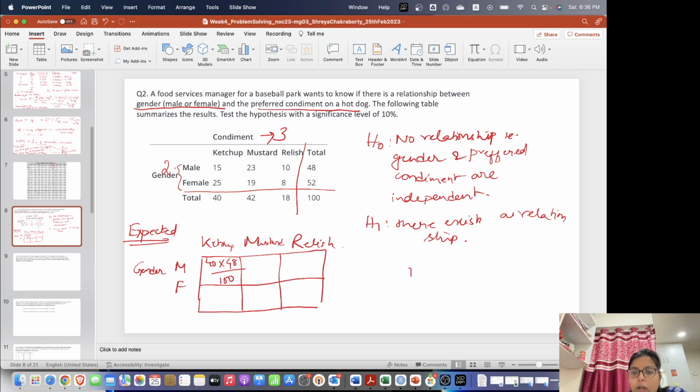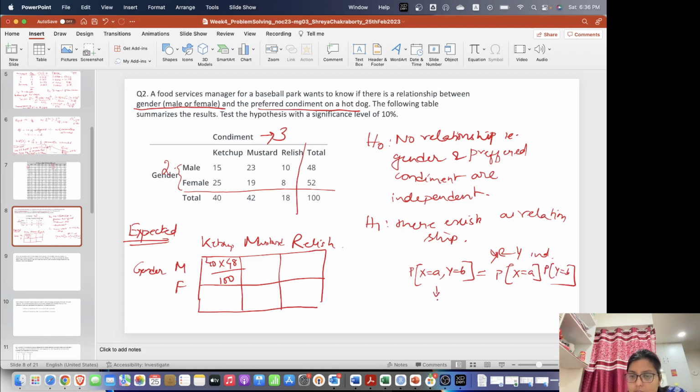Why so? Because probability x equal to a, y equal to b, if x and y are independent, is probability x equal to a into probability y equal to b.